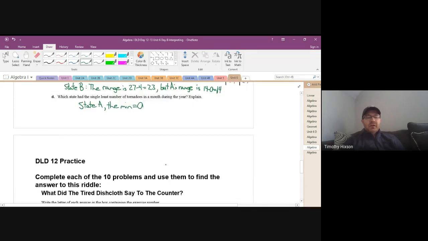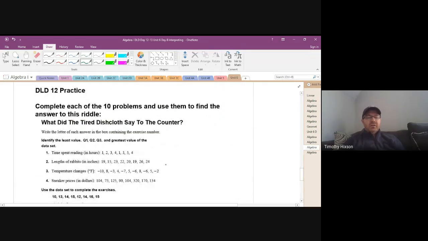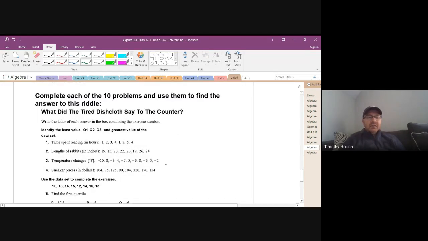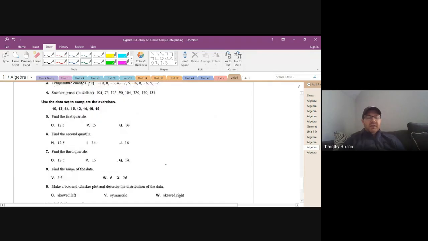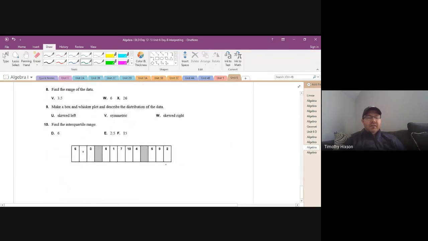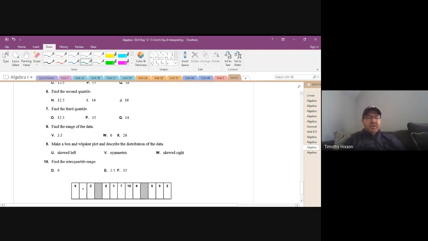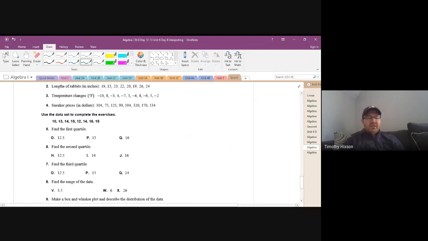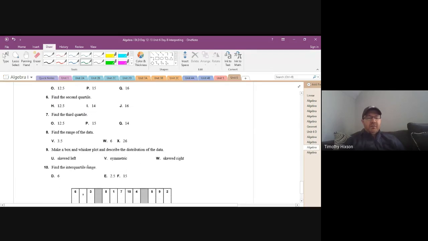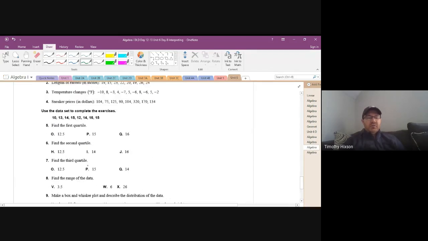Okay. So I've given you some practice to do. You can do these on the Google form. You've got several different problems. And then at the end, there's actually a little puzzle, because each of these on 5 through 10 is a multiple choice.